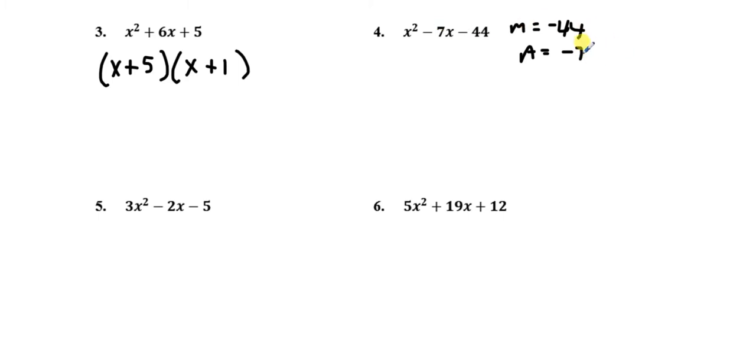If we used a negative 11 and a positive 4, it's going to multiply and give us negative 44 and add up to negative 7. So we're going to get x minus 11 and x plus 4.